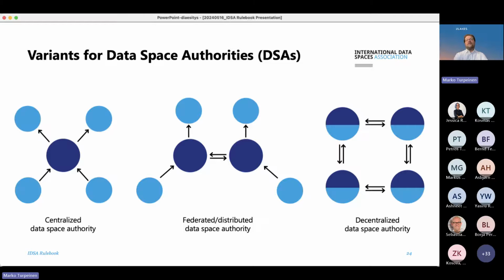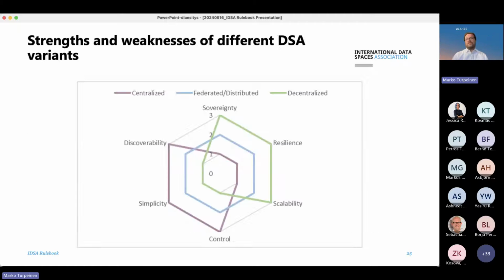You can have a more federated, consortium-style structure as well, or a decentralized structure. So again, it's necessary to have a data space governance authority, but there is not one single form or shape that qualifies. These different ways of organizing this are possible.